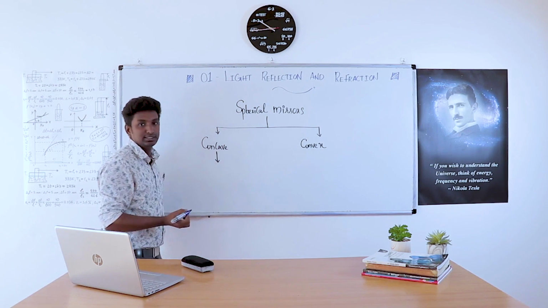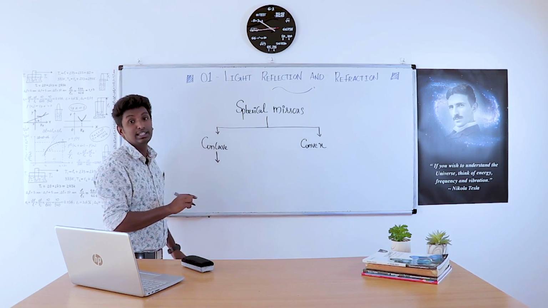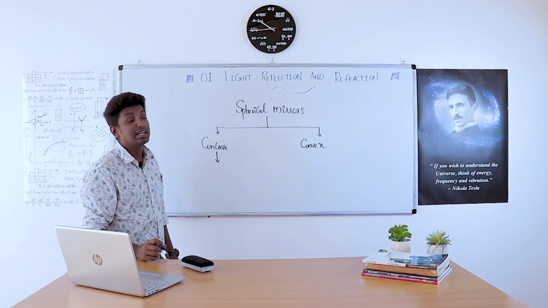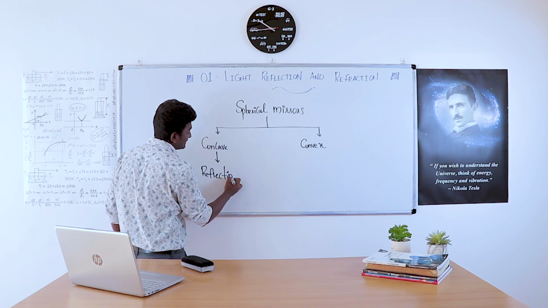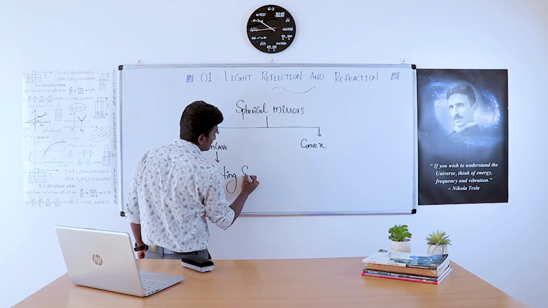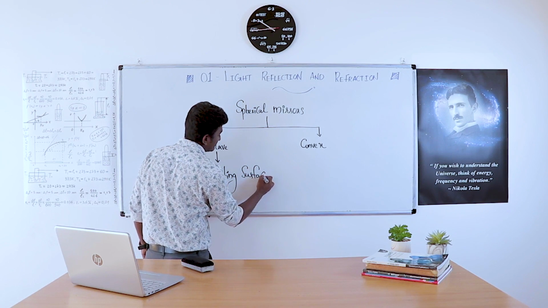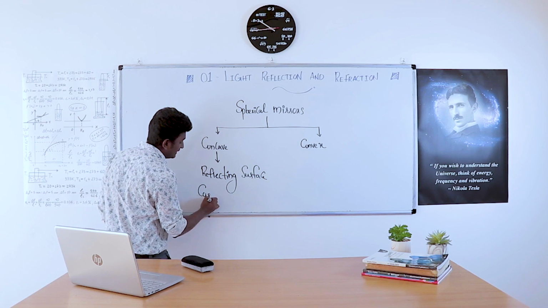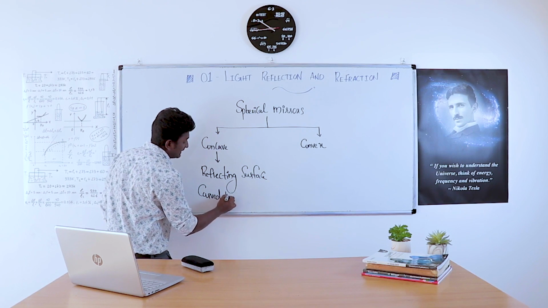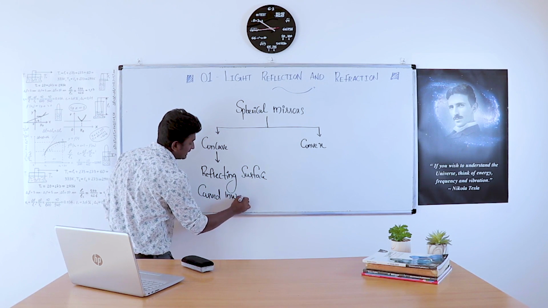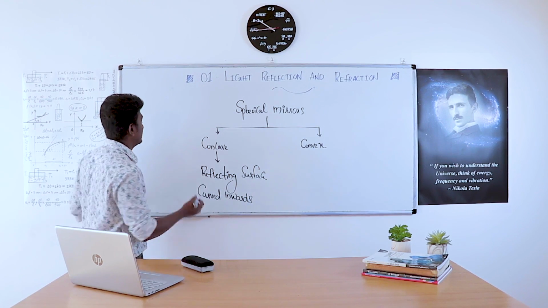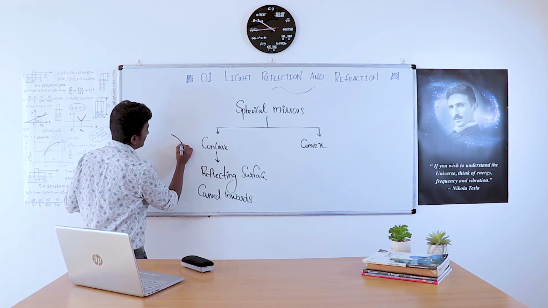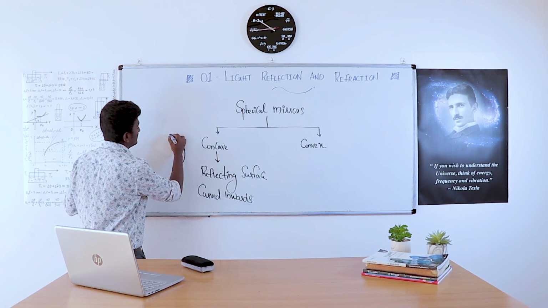Concave mirror means the mirror in which the reflecting surface is curved inwards. If the reflecting surface is curved inwards, then such mirrors are known as concave mirrors, and can be drawn like this.